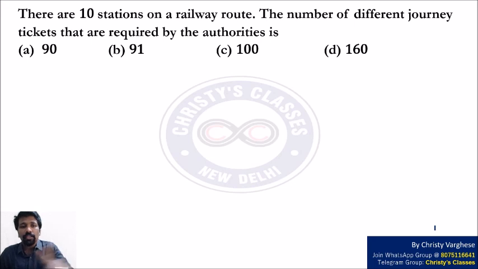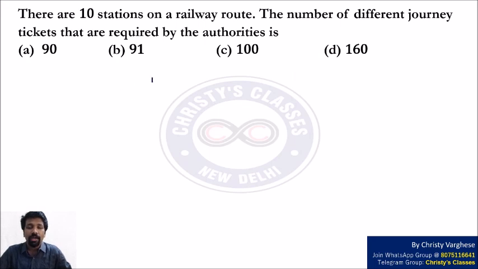In the railway route question, you should understand whether ordering matters or not. Then you can use either permutation, combination, or the logical idea of counting totally using multiplication. If there are 10 stations on a railway route, what is the number of different journey tickets required by the authorities?